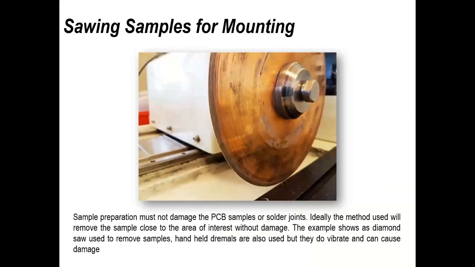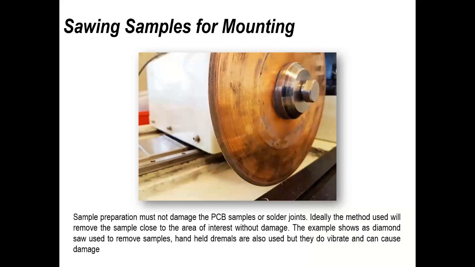So what you want to do when you're cutting a sample out is introduce the minimum possible damage to the sample. So you'll find that a lot of companies will use rotary diamond saws, and this is just an example of one. Again, with this, you would introduce some method of cooling, i.e. liquid cooling, to minimize the possibility of damage to the sample.